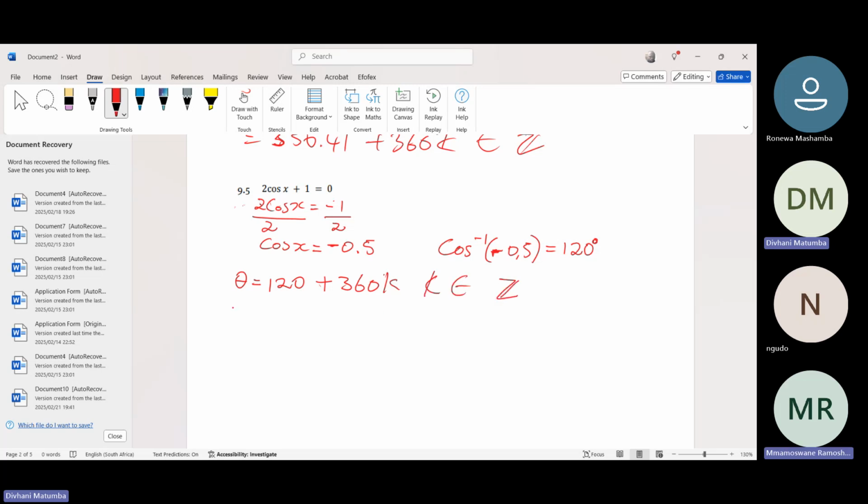And then the second one will be, yes. Will it not be minus because we're dealing with a cos?